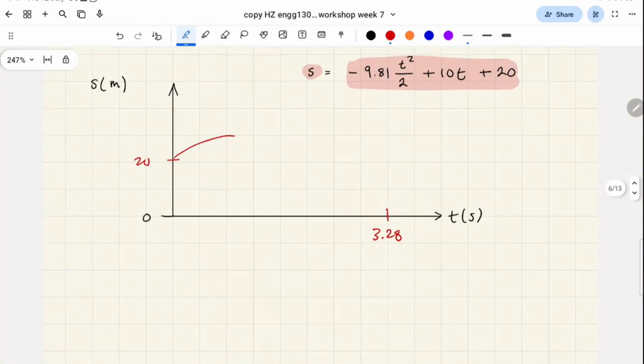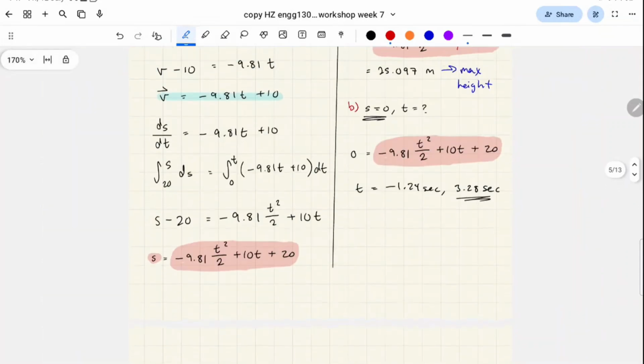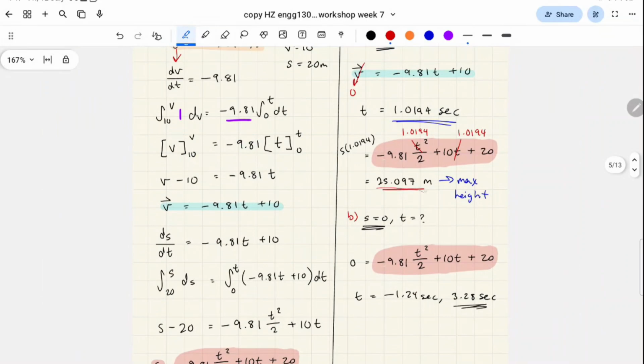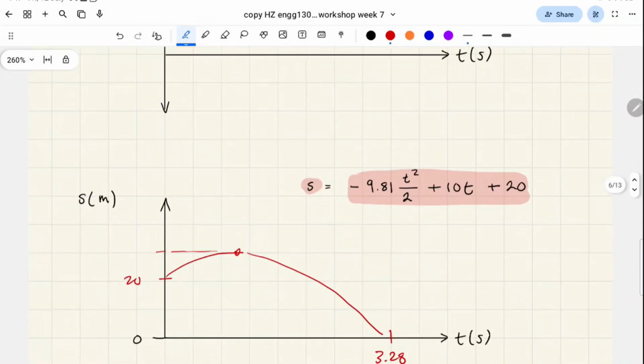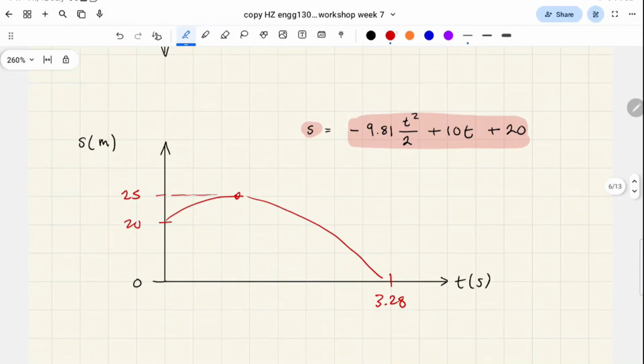It reaches the max height here and then reaches the ground like that. The max height was, what did we find? 25, right? And basically that additional value was when t was negative, right? So that's why it was a parabola and it gave a negative value.